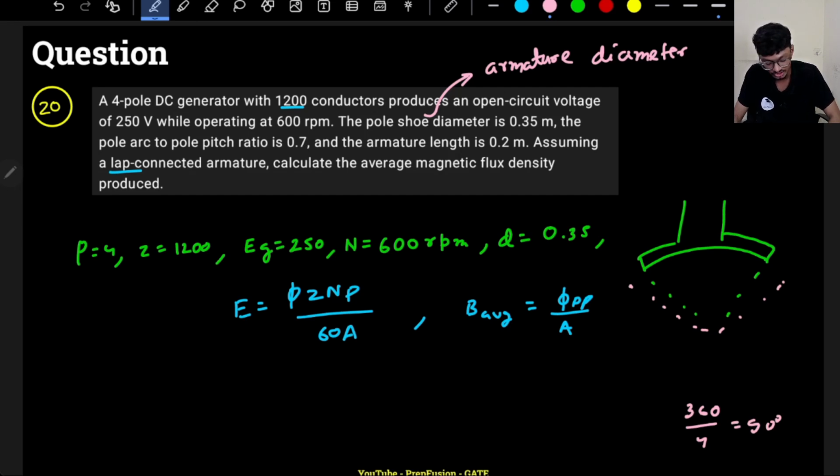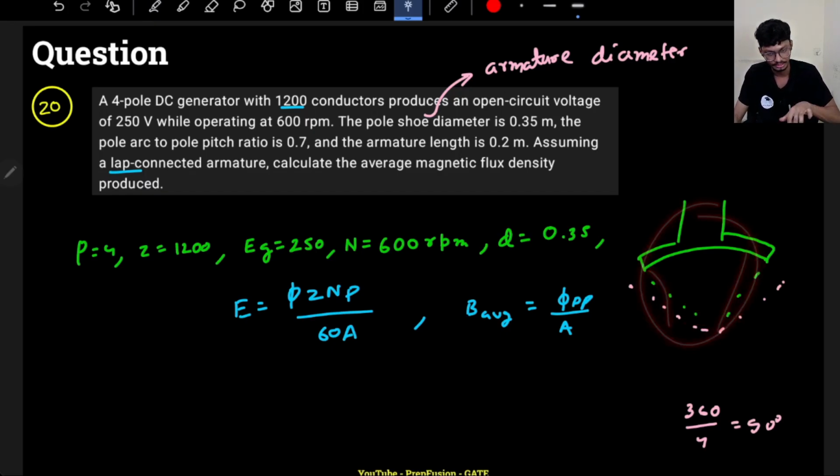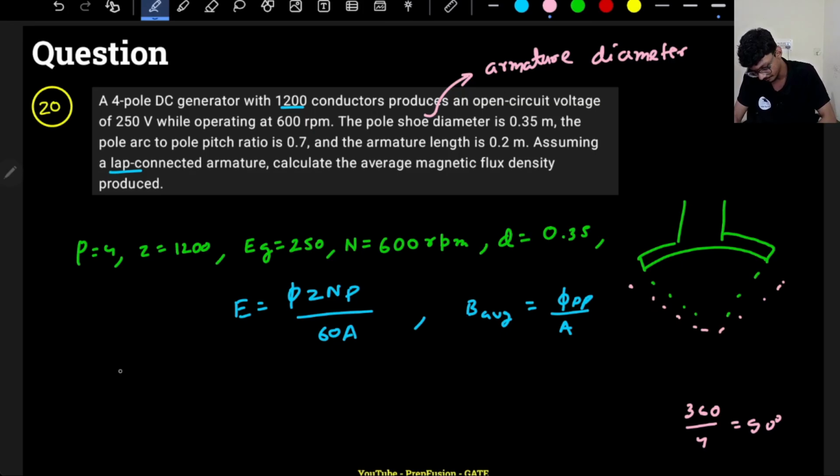But they have given me the ratio of pole arc to pole pitch. Basically, this ratio will provide the total amount of area that this pole is coming under.